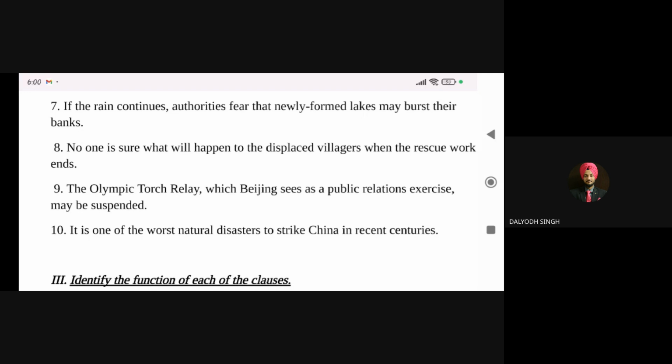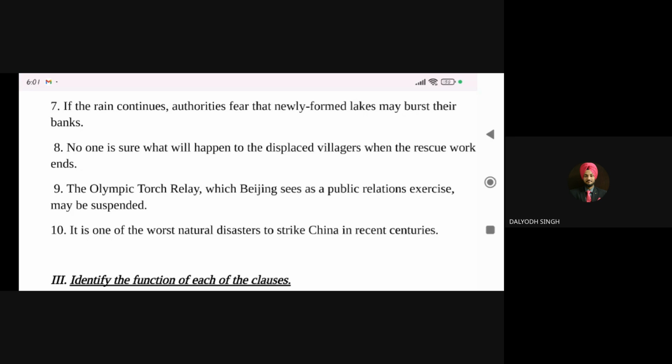Okay, so a finite verb is a verb which has a tense on it, right? So something like this one: it is one of the worst natural disasters. You can say it was one of the worst natural disasters, or it will be one of the worst natural disasters, right? So the be form has is, was, will be, were or are, depending on the number, the person, and the tense. But that isn't the case with a verb like to strike.